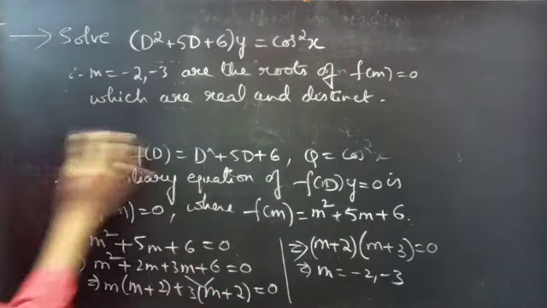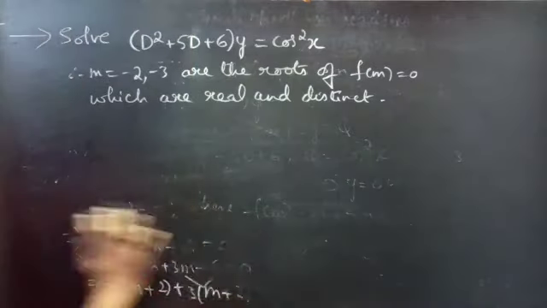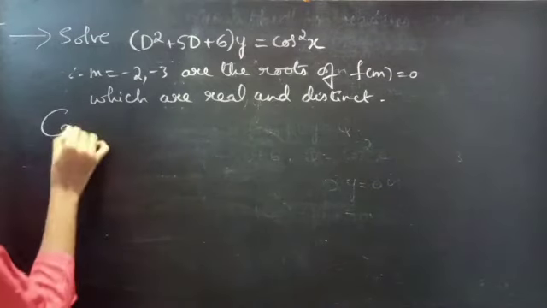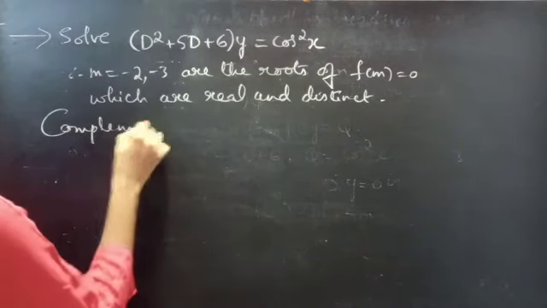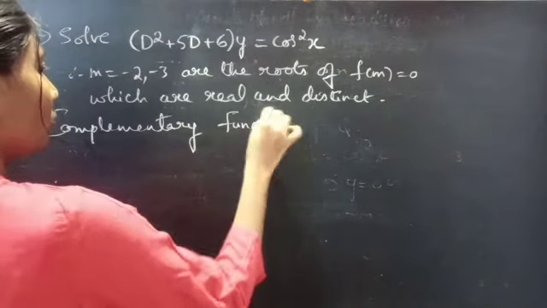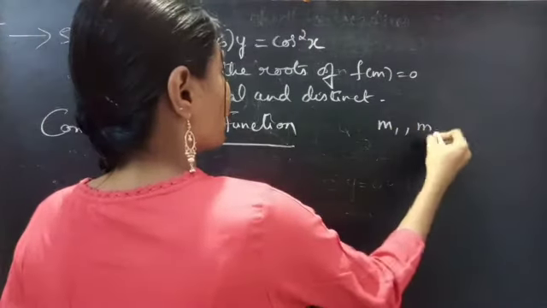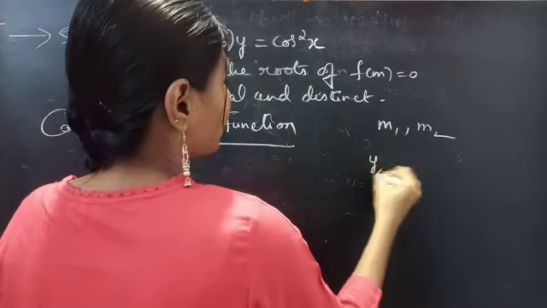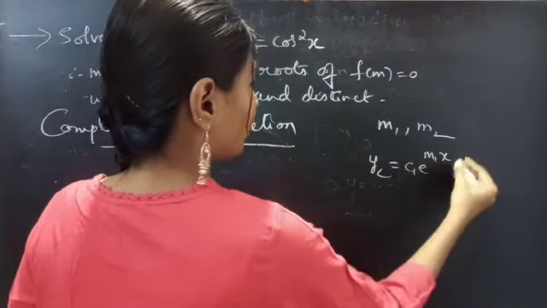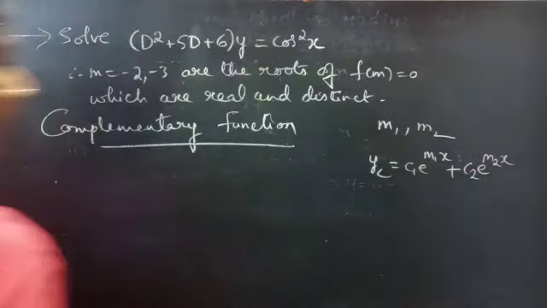Now let's write the complementary function using the real and distinct roots. We know that when two roots, say m1, m2, are real and distinct, then our complementary function will be c1 e power m1 x plus another constant c2 e power m2 x, right?